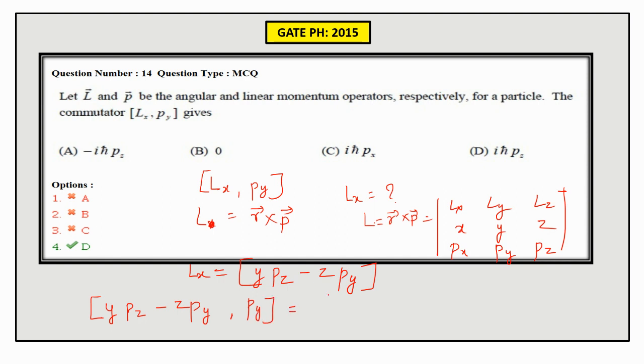That you can solve directly. I told you that whatever shortcut you know, you can apply it in the examination hall. So this is the commutator relation that I am applying.